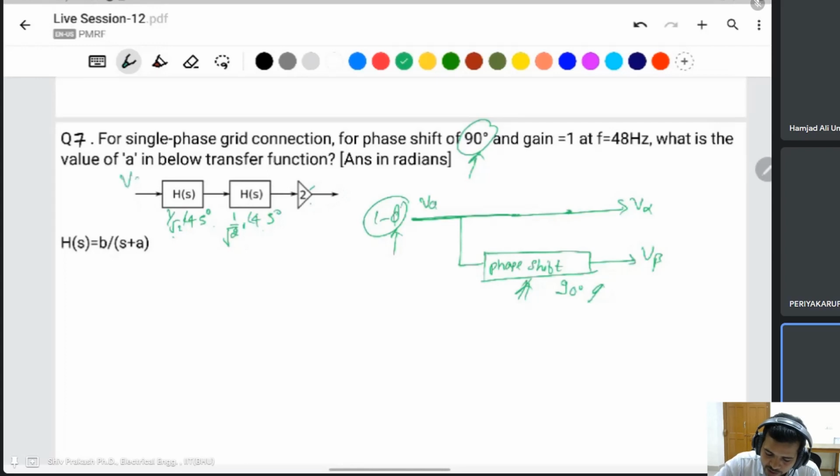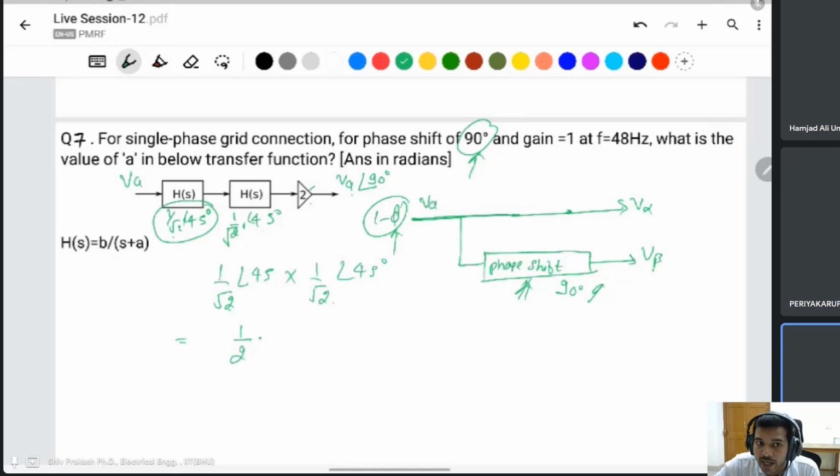If you take VA here, and this is VA, the same thing at 90 degree phase shifting. This value is 1 by root 2 at 45 degrees. You know about 1 by root 2 at angle 45 multiplied by 1 by root 2 at angle 45. In this case, the magnitudes are directly multiplied, 1 by root 2 into 1 by root 2 is 1 by 2.